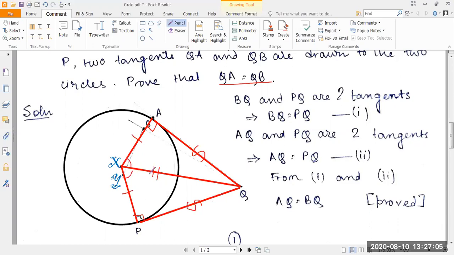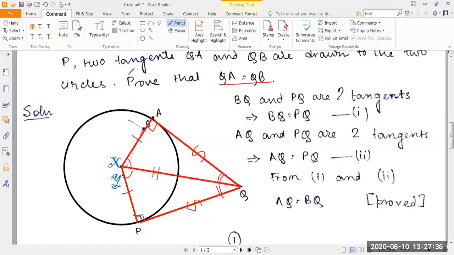We don't need so many corollaries from the theorem, but that is what the theorem states: for any two tangents drawn to a circle from an external point, the lengths of those two tangents are the same. They subtend equal angles at the center, and these angles are also equal.